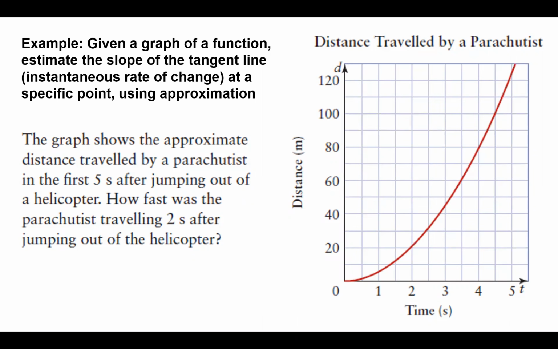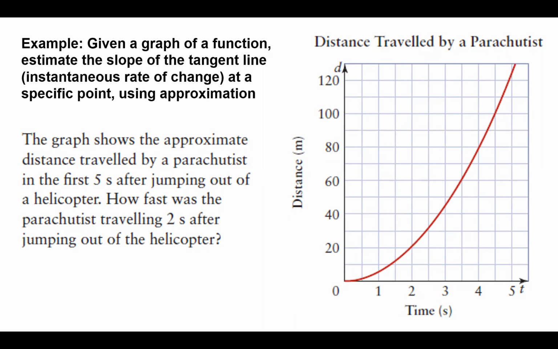out of a helicopter. How fast was the parachutist traveling 2 seconds after jumping out of the helicopter? In other words, what is the instantaneous rate of change of distance with respect to time? Well, what is the instantaneous velocity at time t equals 2 seconds, if you are given this graph?